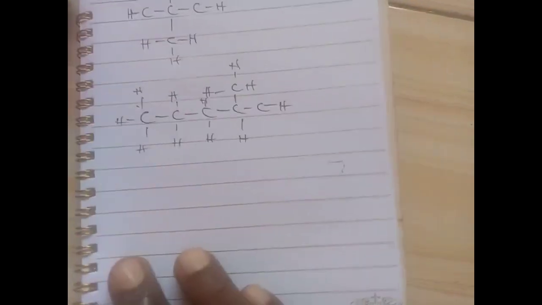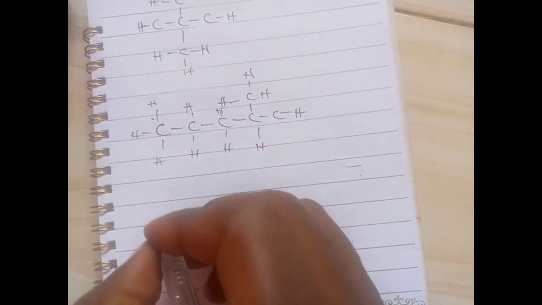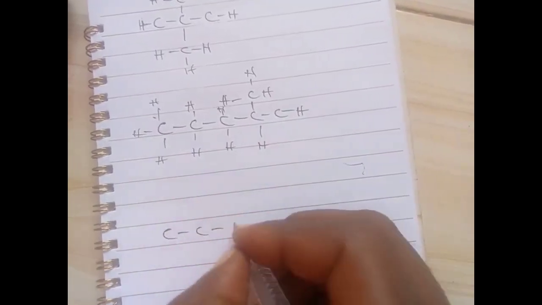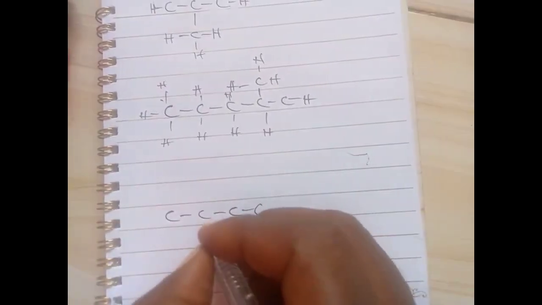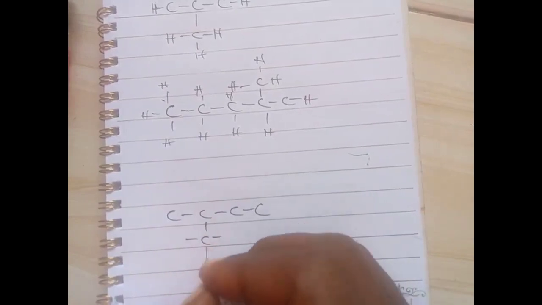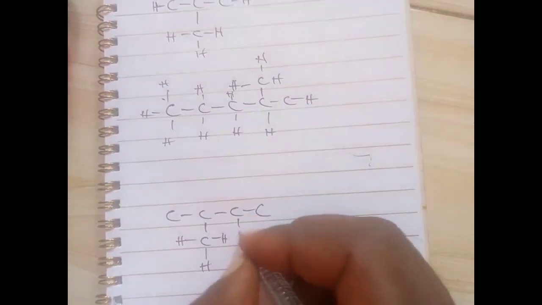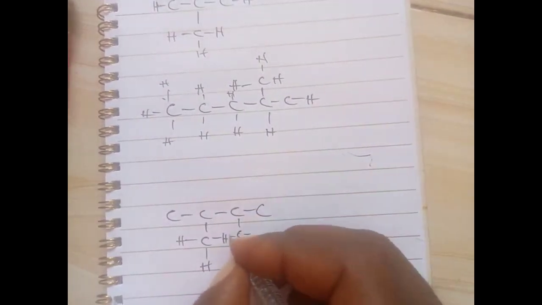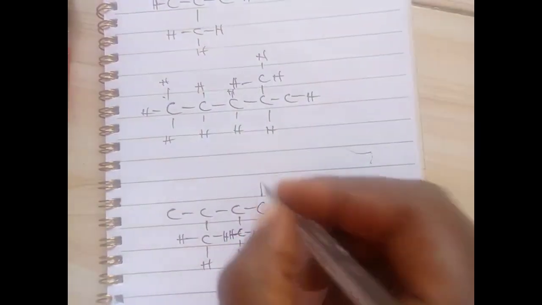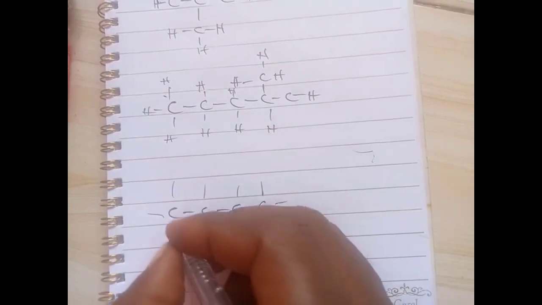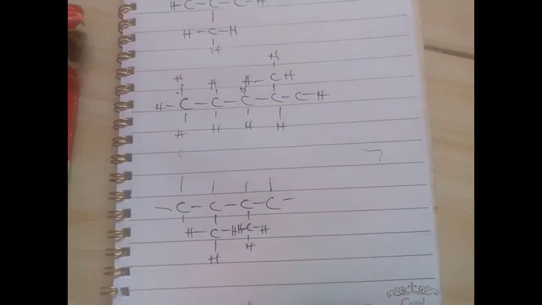So the next one is 2,3-dimethylbutane. We draw the parent chain, butane. So they say 2,3-dimethyl. So it means at the second carbon atom there is methyl. At the third carbon atom there is methyl. Then the rest hydrogen. We can still do it this way.